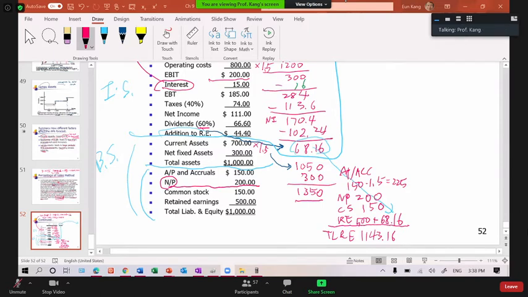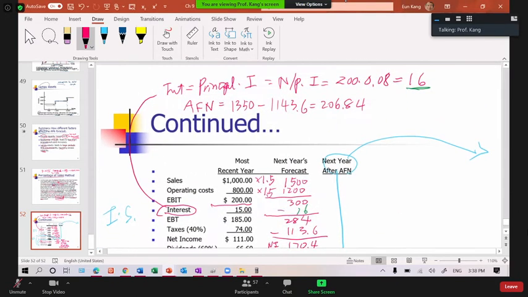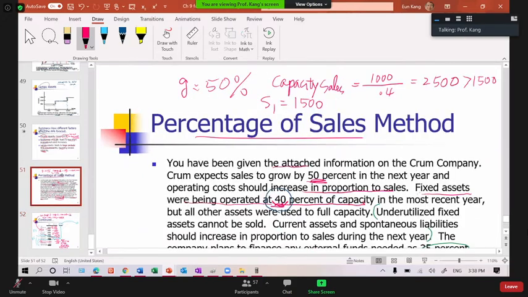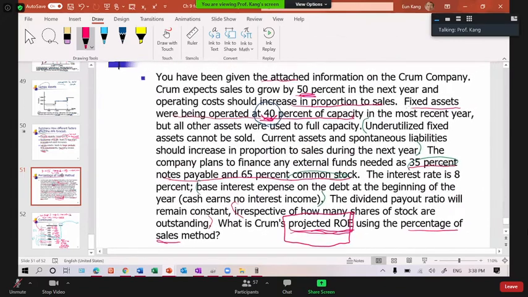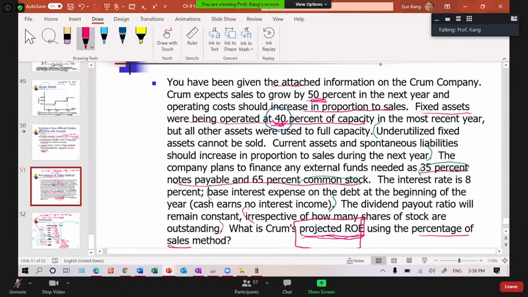By the way, so now that is this, right? So you subtract, so AFN is this. Then how to finance, that is what? 35% notes payable and 65% common stock.